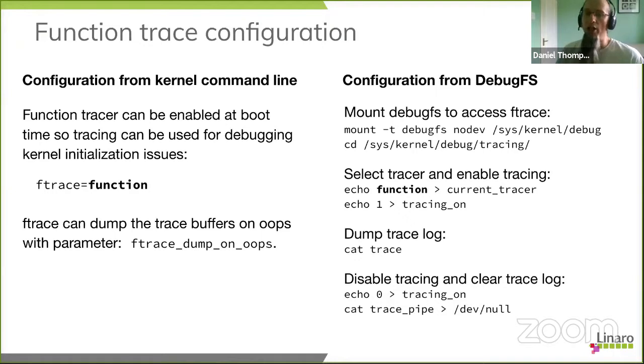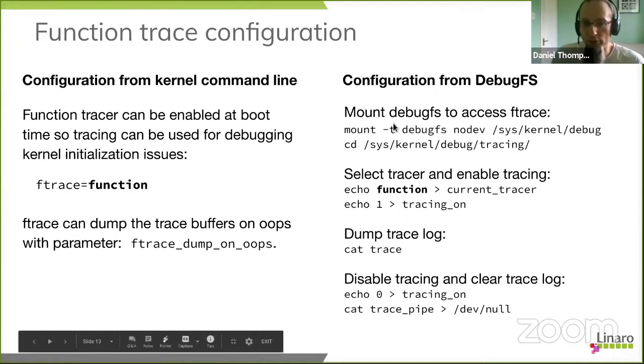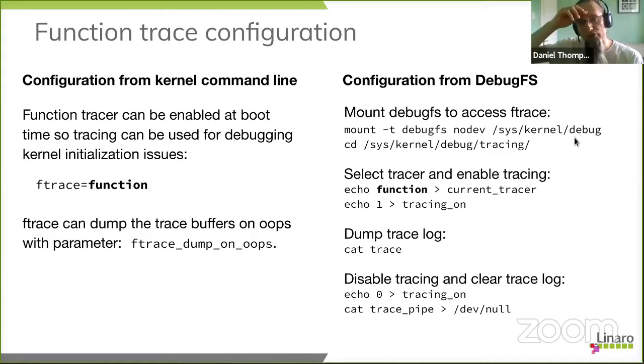On the right-hand side, we've got a slightly more sophisticated way to set these things up. First off, if you're running on a really simple user space, you might have to mount debugfs yourself manually. And then you can move into the tracing directory within debugfs. Once you're in that directory, we can simply echo function, it's the same word left and right, into current_tracer. You don't actually have to turn tracing on, but as you work with trace, you'll tend to get in the habit of turning tracing off to stop the fire hose every now and then.